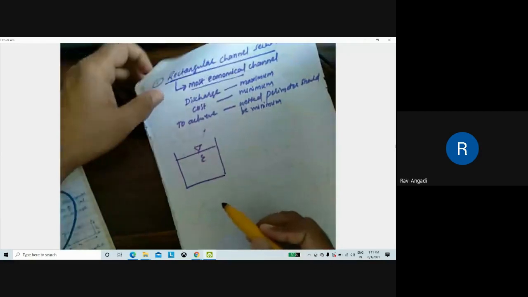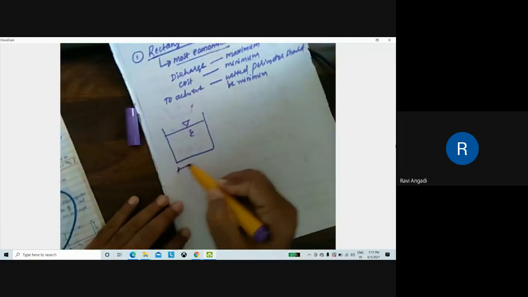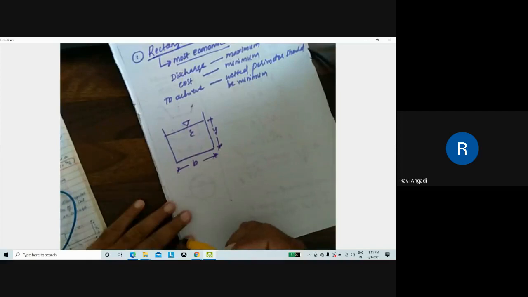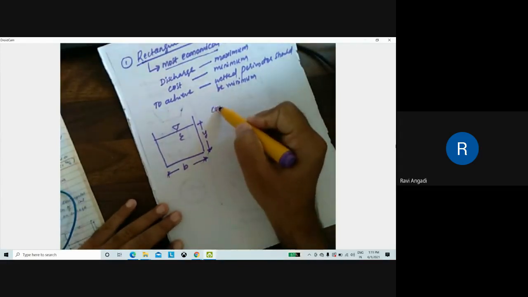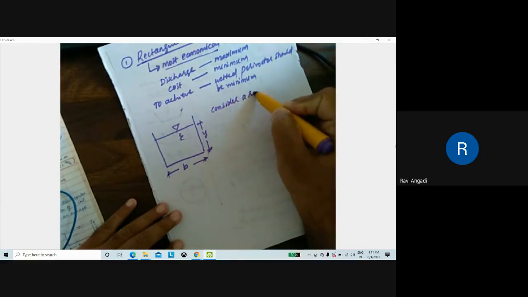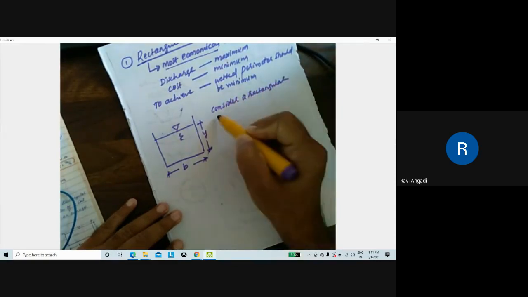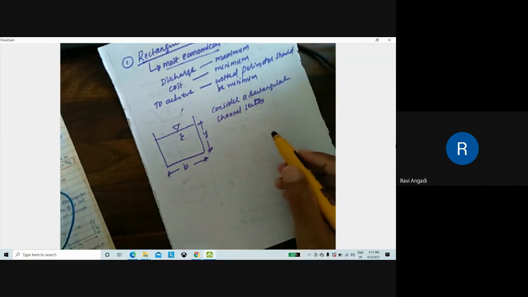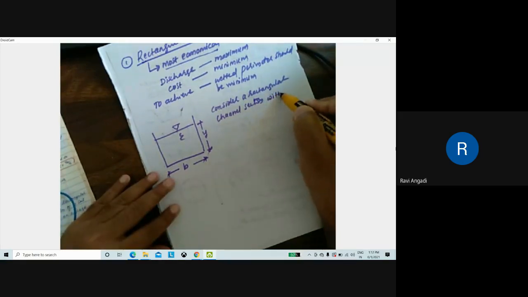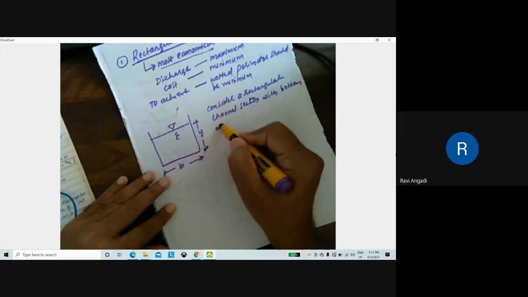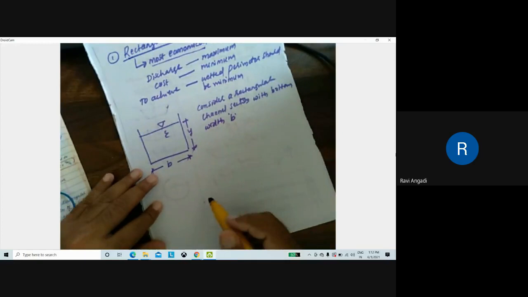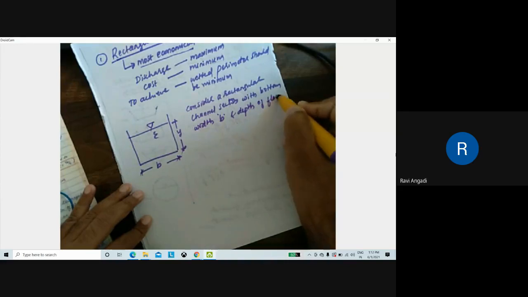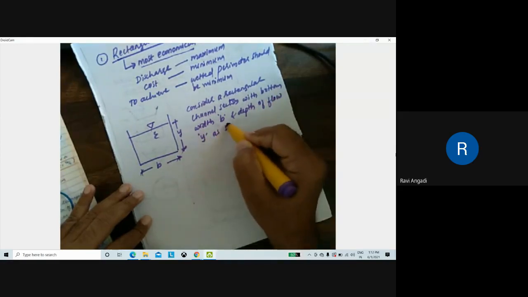Let us take the width as B and depth as Y. Consider a rectangular channel section with bottom width B and depth of flow Y as shown in the figure.